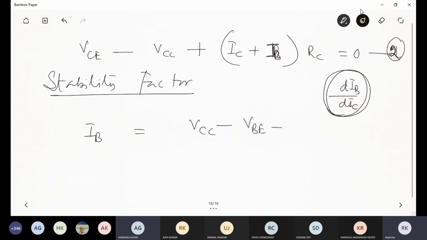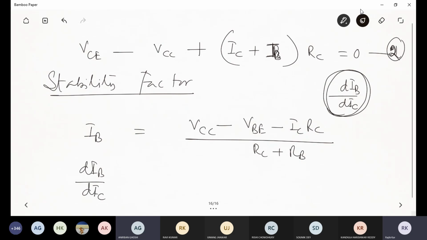This is VBE. Now if I take the derivative with respect to IC, this is constant so this will be 0, this is also constant.